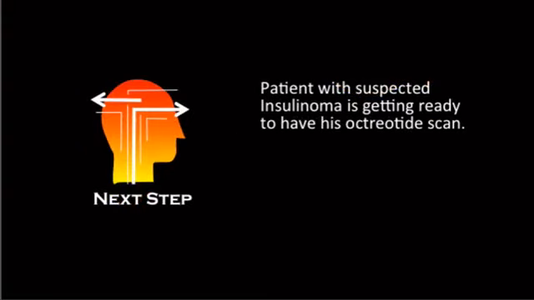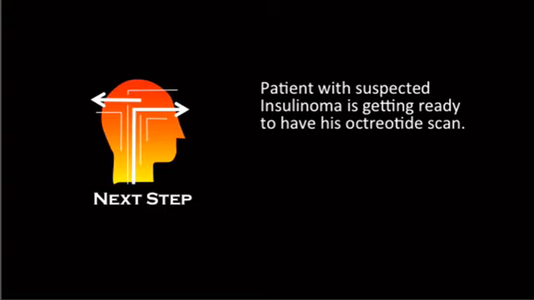Okay, so piece of trivia here. If you are trying to do an octreotide scan on a patient you suspect has an insulinoma, why might you think they have an insulinoma? They could tell you that they've got episodic hypoglycemia.